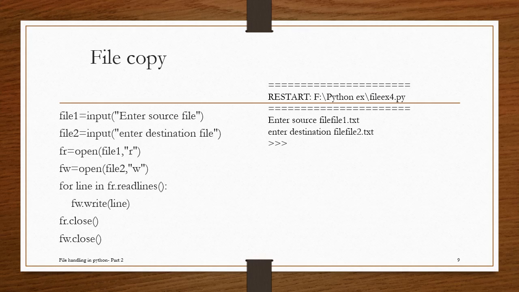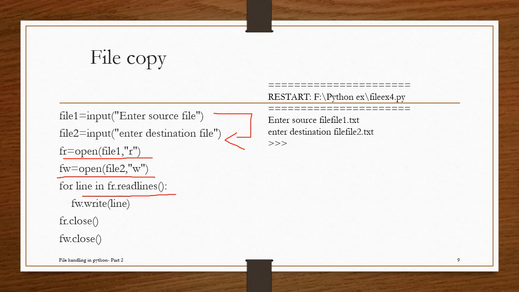The source file is opened in the read mode, and the destination file is opened in the write mode. So contents of the source file will be copied to this destination file after the execution of this program. For this, I am reading every line of the source file line by line.